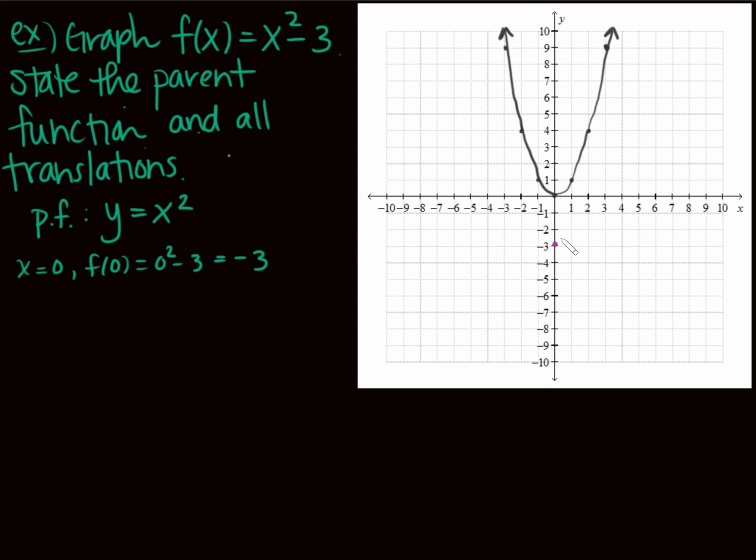Hopefully you don't have to do this every single time, but this is what is happening. f of 1 is 1 squared minus 3, which is 1 minus 3, which is negative 2. So at 1, I'm at negative 2. Same thing happens with negative 1, because f of negative 1 is negative 1 squared minus 3, which also equals negative 2. So at negative 1, I'm at negative 2.